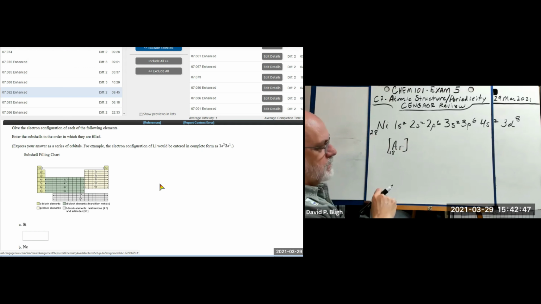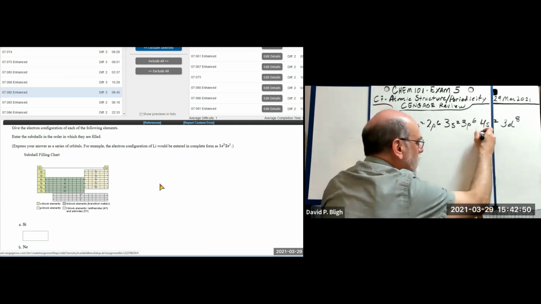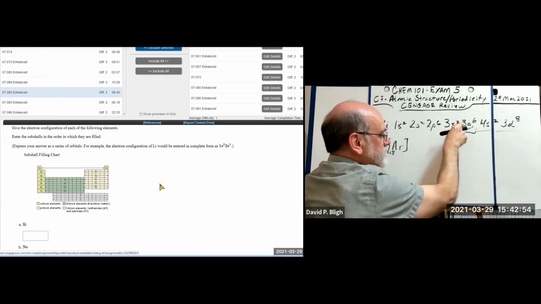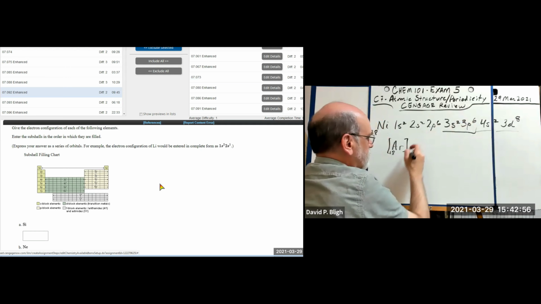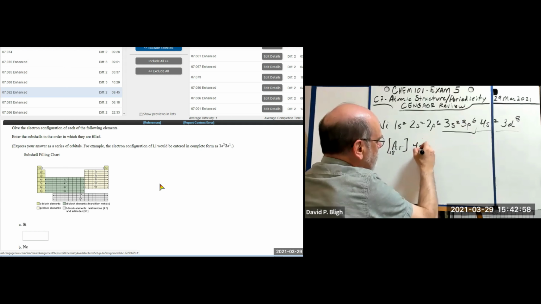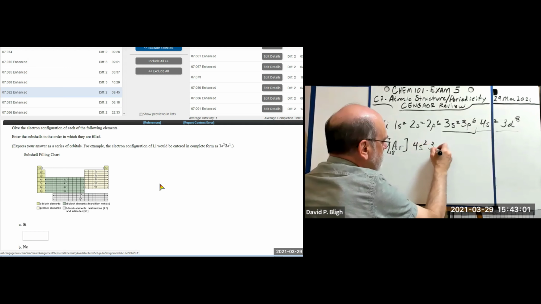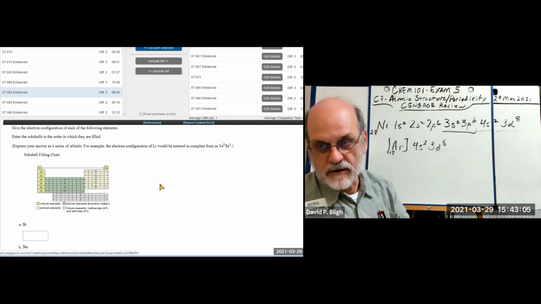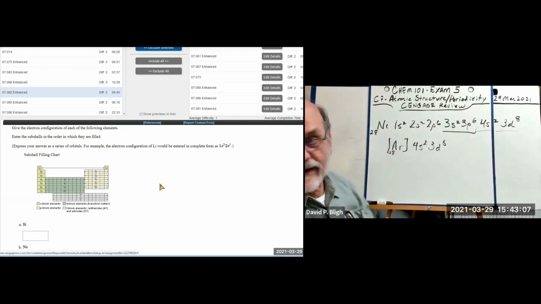Where are they going to go? They're going to go here, because notice there's the octet, that's argon. So we have 4s2, 3d8. And that's the shorthand version for nickel.